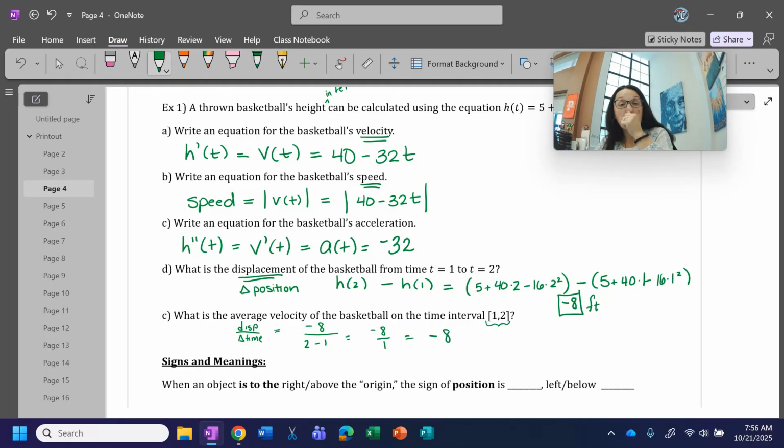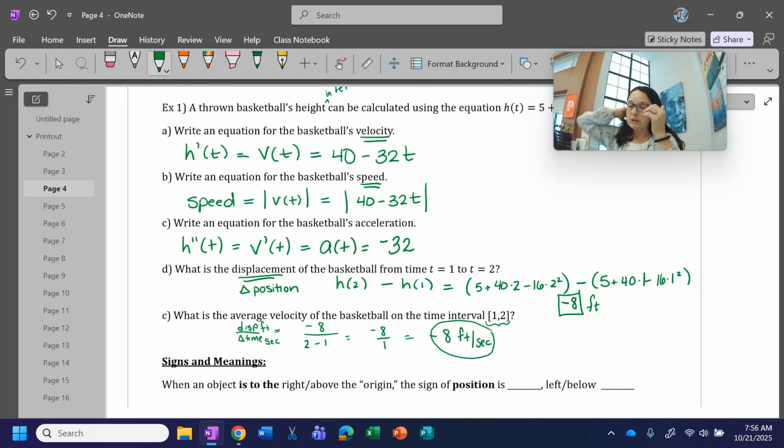And so that's going to be negative 8. Now let's talk about units here. This is displacement, which is measured in feet, and time, which is measured in seconds. So my average velocity is in feet per second. So on average, over that window, the average velocity of the ball was negative 8 feet per second.